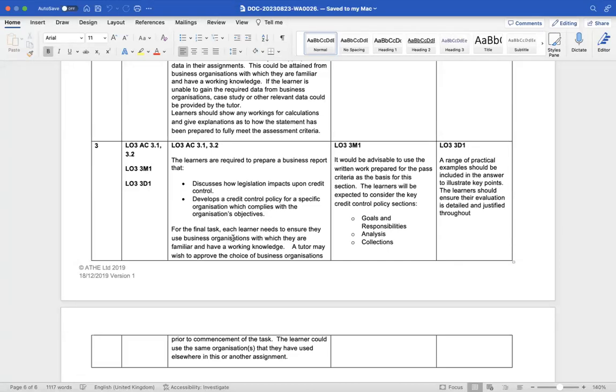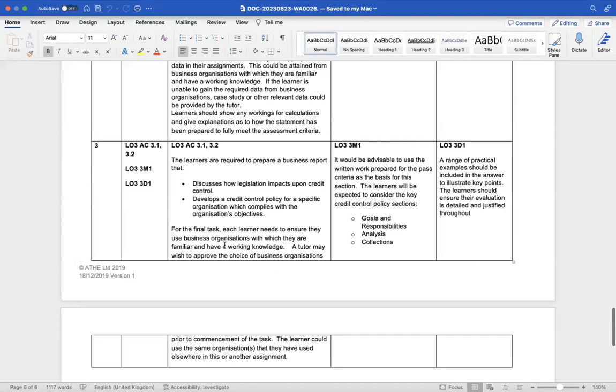So for the final task, each learner needs to ensure they use a business organization with which they are familiar and have a working knowledge. A tutor may wish to approve the choice of business organization prior to commencement of the task. The learner could use the same organization that they have used elsewhere in this or another assignment. So this is your requirement for pass.